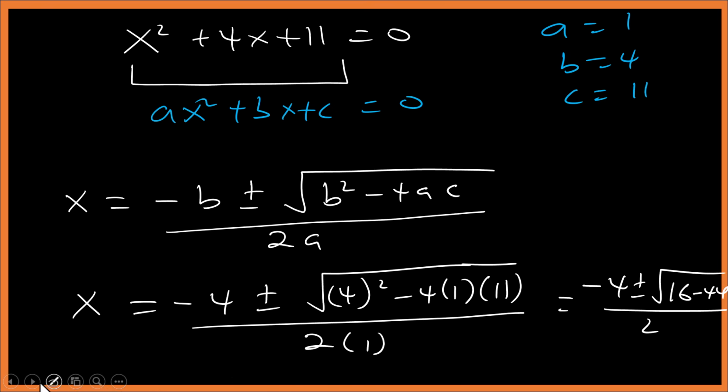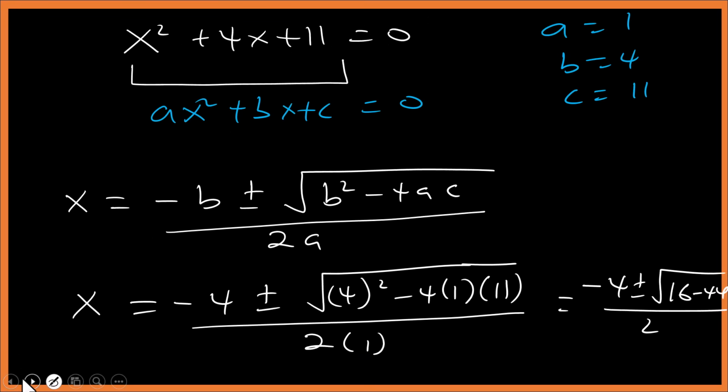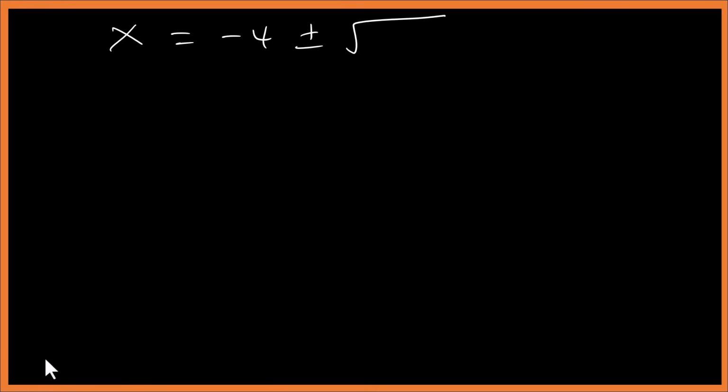So x equals minus 4 plus or minus square root of 16 minus 44, which is minus 28, on 2.